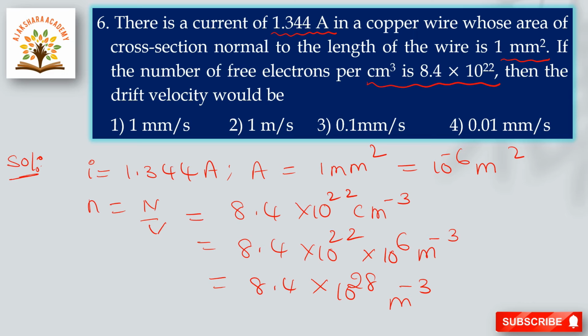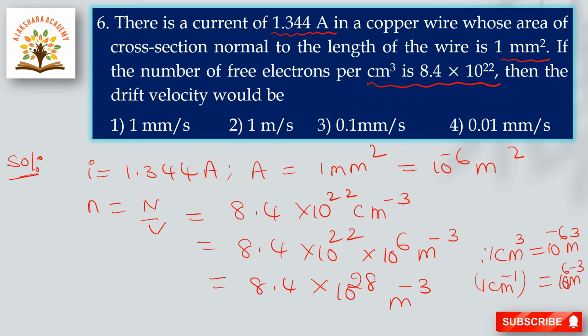And then here, 1 centimeter cube is equal to 10 to the power of minus 6 meter cube. 1 centimeter to the power of minus 3 is equal to 10 to the power of 6 meter to the power of minus 3.